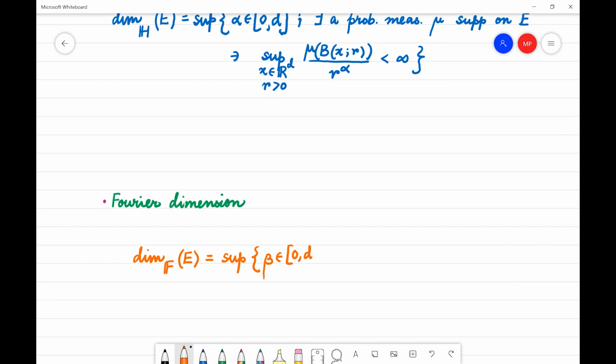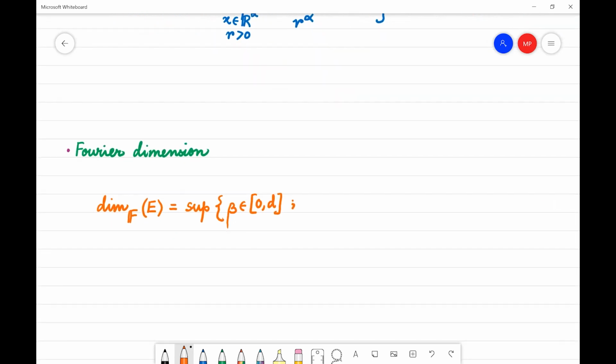So it's the supremum over all exponents beta between 0 and d, such that there exists a probability measure mu supported on E, such that the Fourier transform of mu decays at a certain rate.